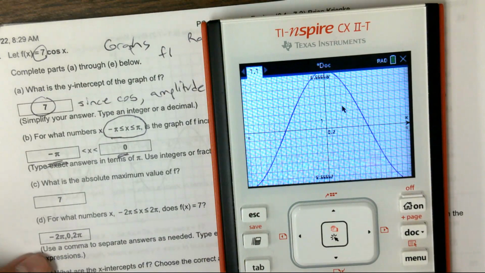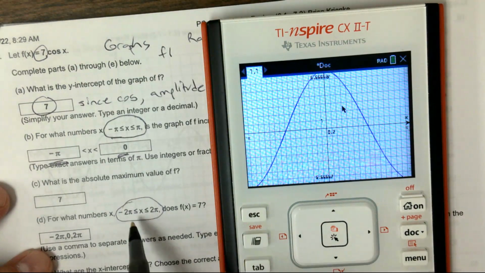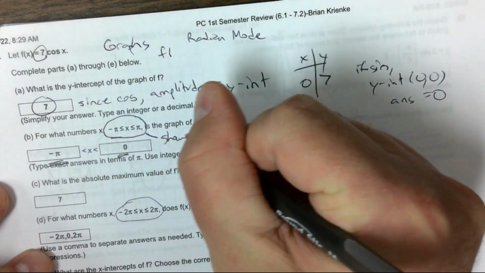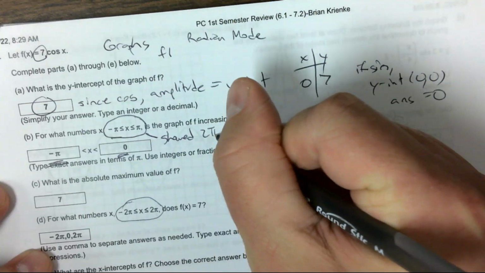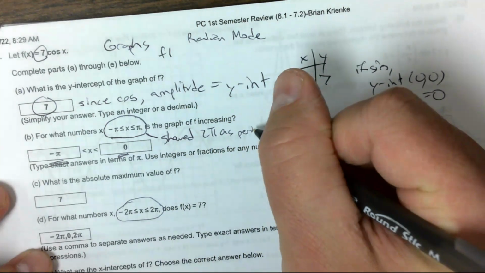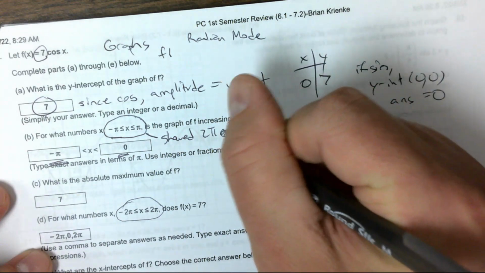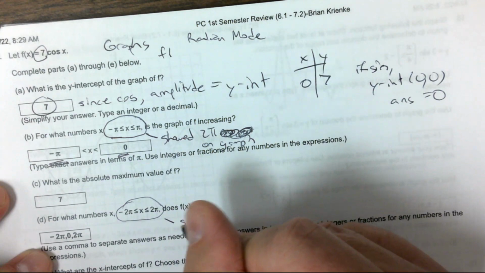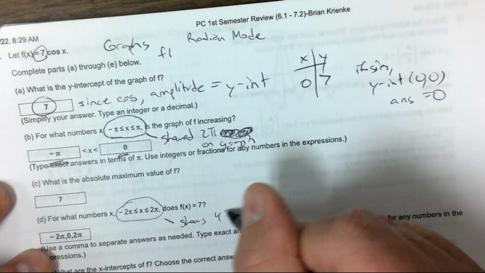And then now you have to change intervals. So you're showing, okay, this one showed 2 pi as the period. Well, on the graph, 2 pi on the graph. And this one shows 4 pi units.